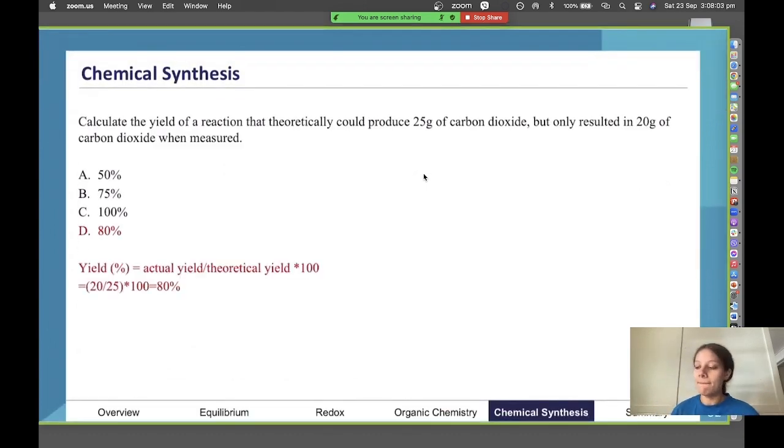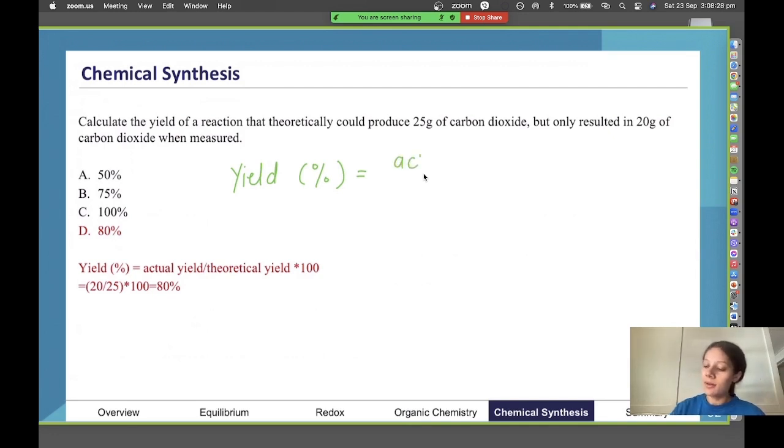If you want to calculate the yield of a reaction, so if we want to theoretically produce 25 grams of carbon dioxide, but we only actually got 20 grams. So the equation is that yield percent-wise is actual yield over theoretical yield, and then we multiply it by 100.